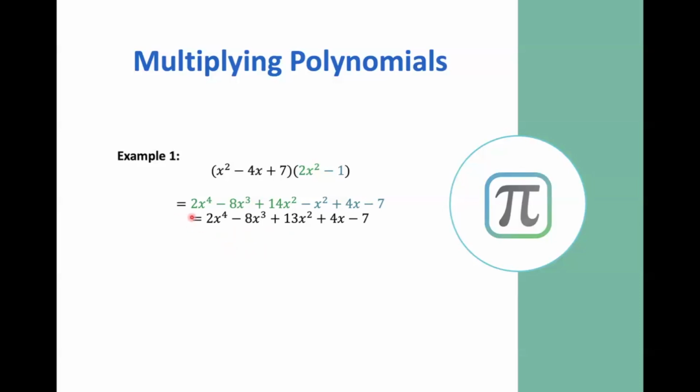We have 2x to the power of 4. Then there's only one x cubed, so minus 8x cubed plus 13x squared, because you've got plus 14x squared minus x squared, plus 4x minus 7.